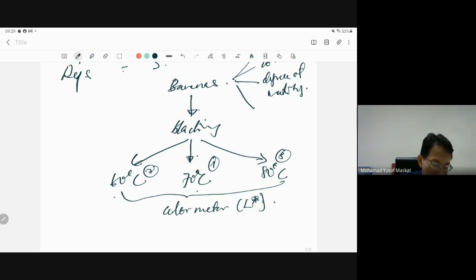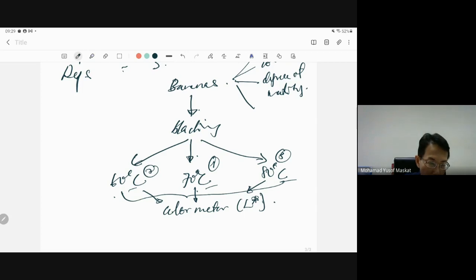So when you do 70, you get your sample and then you analyze. This one also you analyze, and this one also. This is just one replication. You only need one data from each temperature.